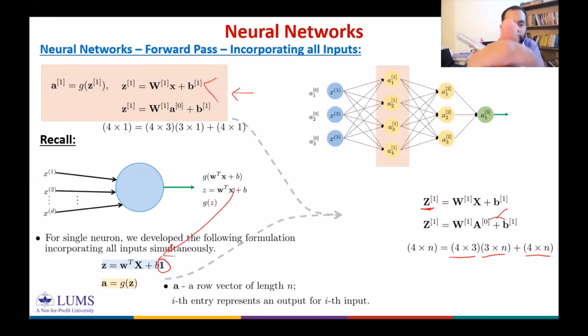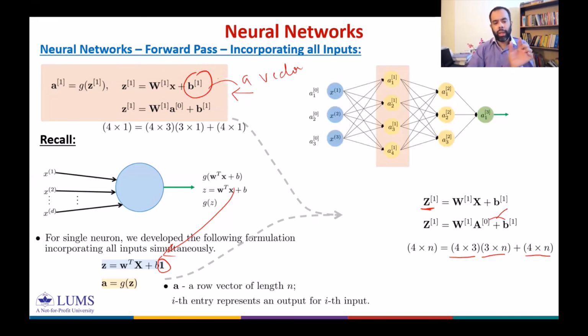Up here, B is a vector. What is the size of B? The number of rows is the number of nodes in the layer, and the number of columns is 1. So B is a column vector.